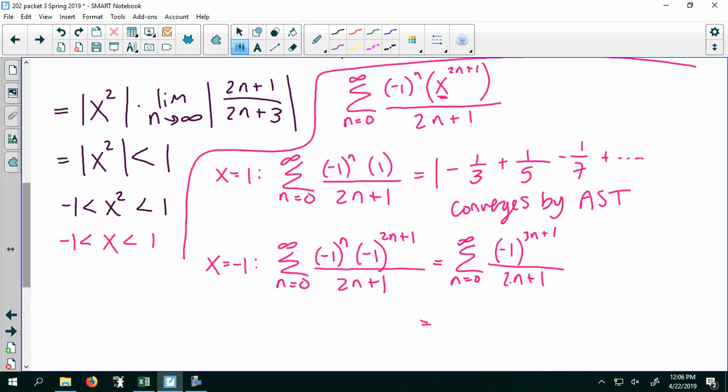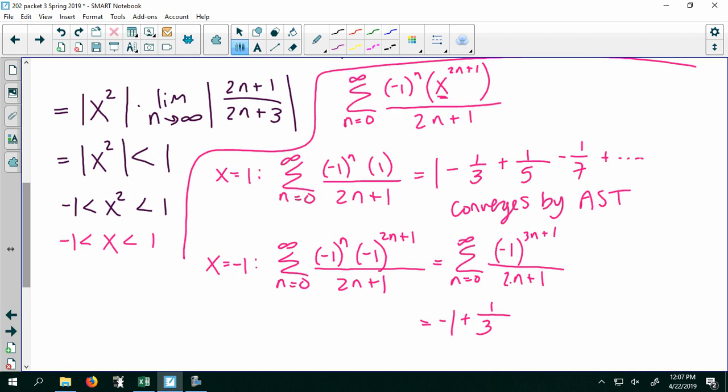And we'll plug in some n values here. If n is 0, I get -1 over 1. If n is 1, 3 times 1 is 3, plus 1 is 4, so this is +1 over 3.